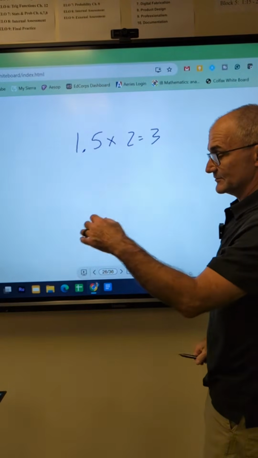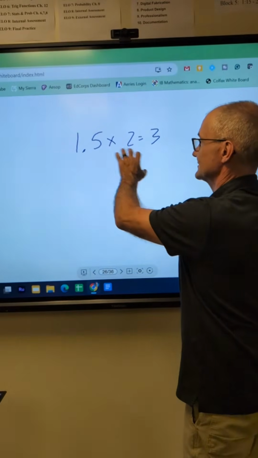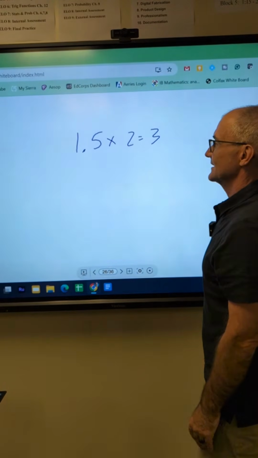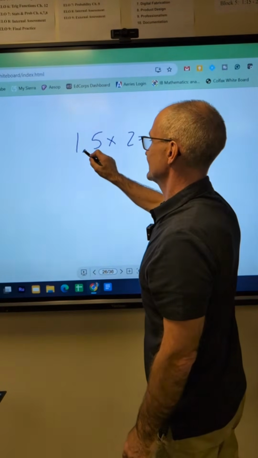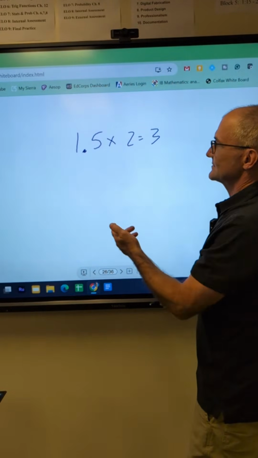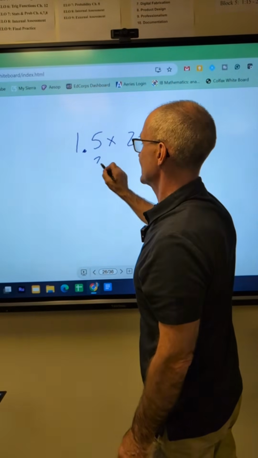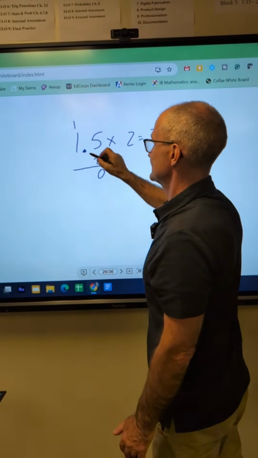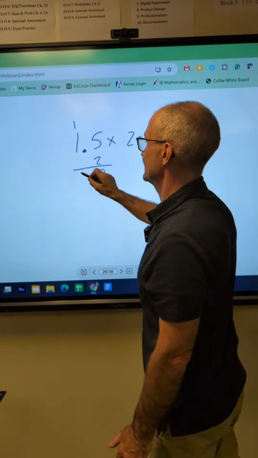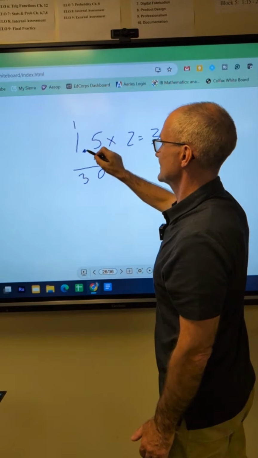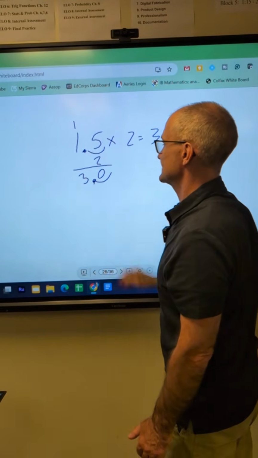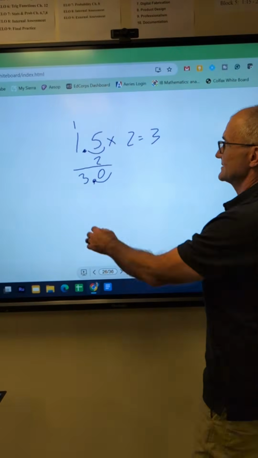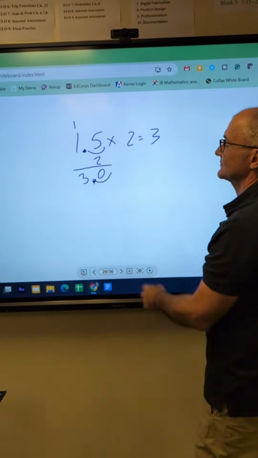So I'm converting that sentence into an equation or a math statement. 1.5, well, I could do this 2 ways. I could just do 1.5 times 2. 2 times 5 is 10, carry the 1. 2 times 1 is 2, plus 1 is 3. The decimal place is over 1, so 1.5 times 2 is equal to 3.